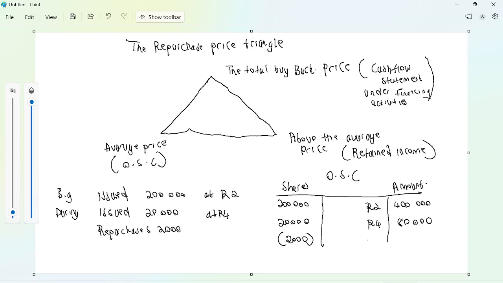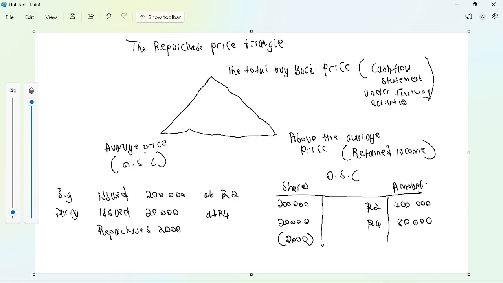In this case, guys, there are many ways in which they can try to trick you in terms of getting the average price, right? We're looking for the average price given these two pieces of information. You're going to say these two amounts divided by these two amounts, and you're going to get your average price.